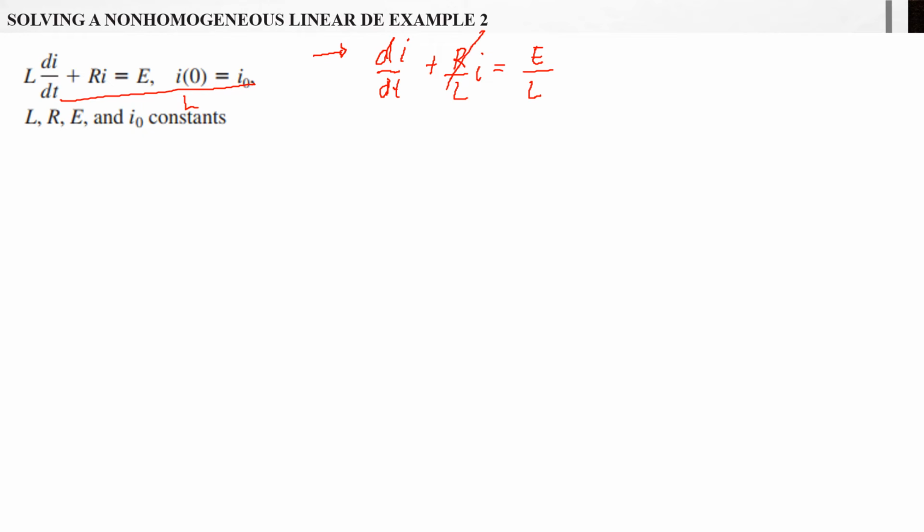So we name this A, and E over L is also constant divided by constant, so we make this B, which is constant. So this takes the form of di/dt plus A I is equal to B.